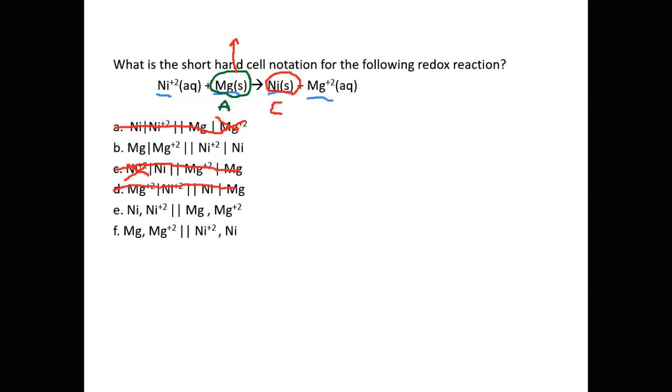For E, it says nickel and nickel 2+ are in the same phase. Obviously that's incorrect because they're different phases. Likewise for F, it says magnesium, magnesium 2+ with a comma, which says they're the same phase, but they're different. One is solid, one is aqueous, so we can disregard that. So by process of elimination, the answer is B, because magnesium is at the far left, which is the anode, nickel is the far right, which is the cathode, and they're all separated by single lines because they're different phases.